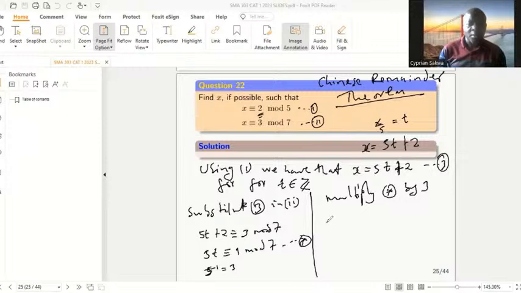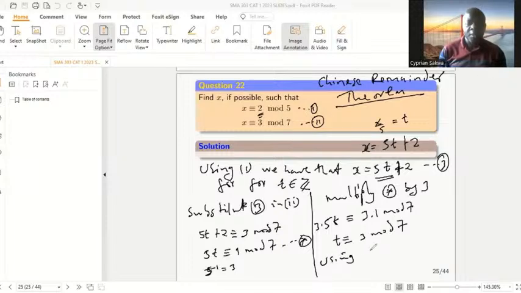We get 3 times 5t is 3 times 1 mod 7. The left side gives me t, and the right side gives me 3 mod 7. So t is 3. Go back to equation 3 where there was t and find x.